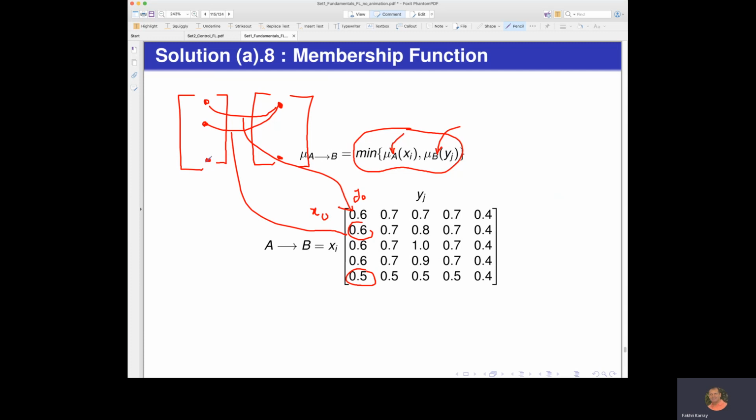That particular element has to be the minimum between x and y0. So this particular element that I just mentioned should be located here. The minimum of x4 and y4 is going to be equal to 0.4.